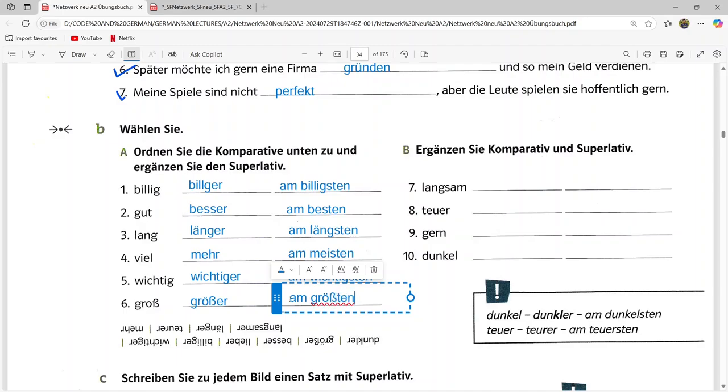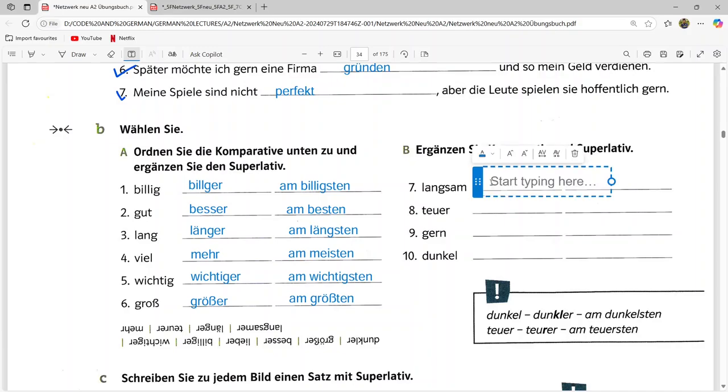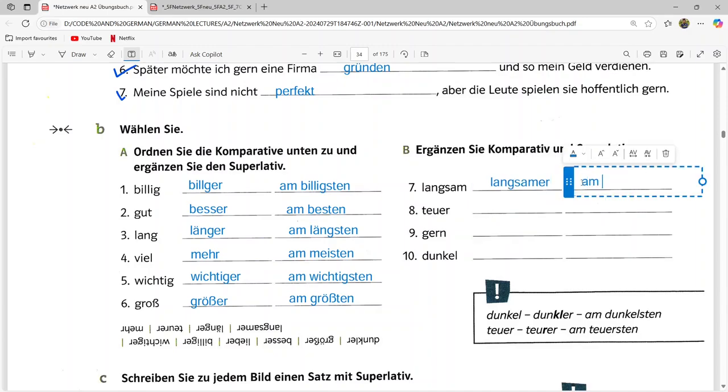Okay, next one, langsam. Langsam will be langsamer and am langsamsten.